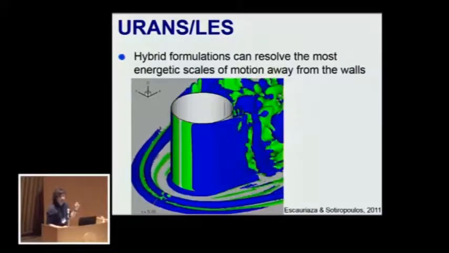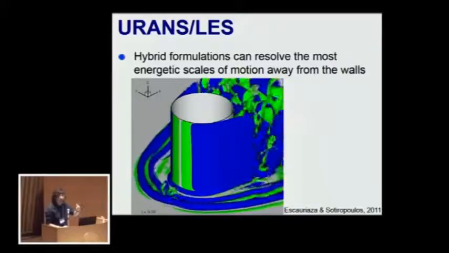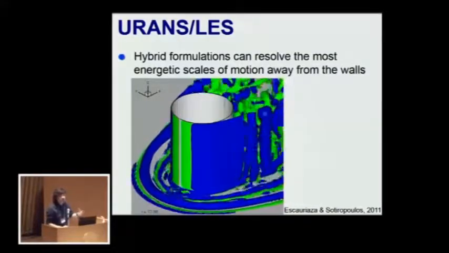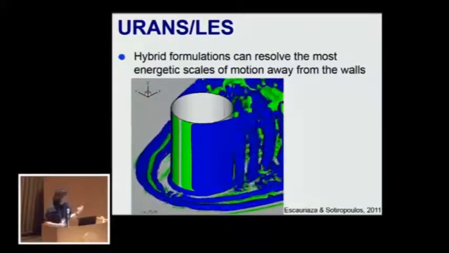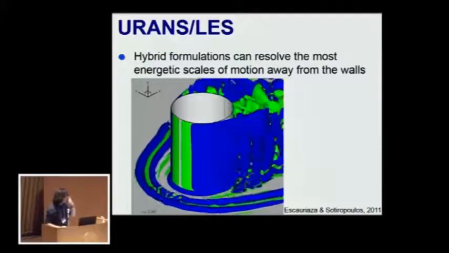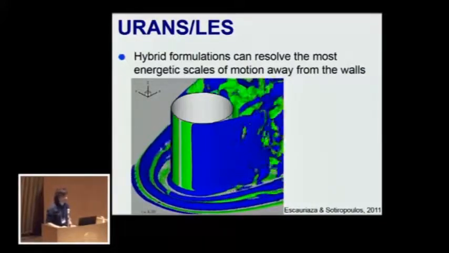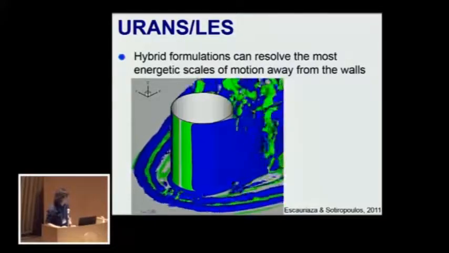You use a Reynolds average as a statistical approach very close to the bed, so you don't have to resolve the coherent structures of the boundary layer, but you can resolve larger scale structures with LES outside of the boundary. This was part of the investigation we made on the horseshoe vortex system, which is a very well-known vortex that produces erosion and scour around structures.